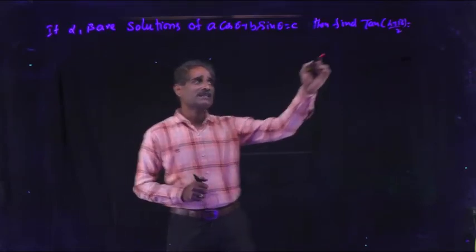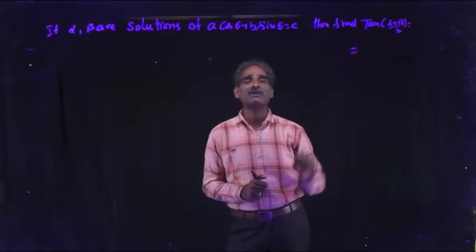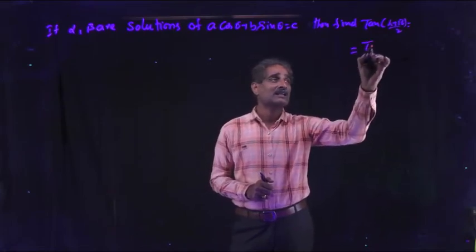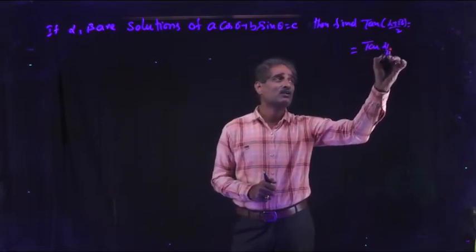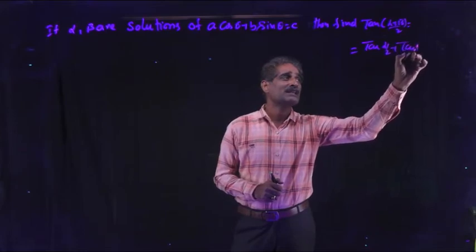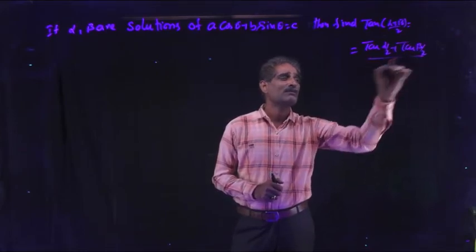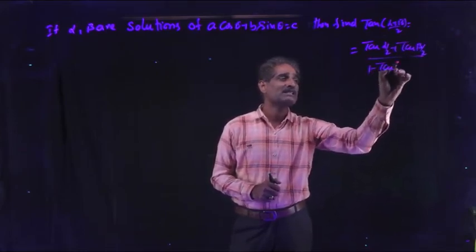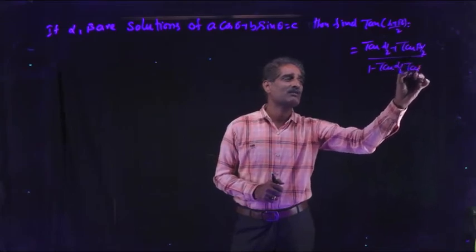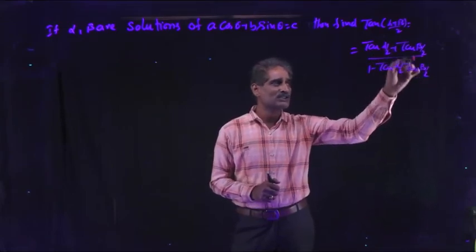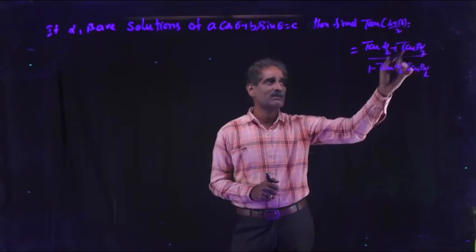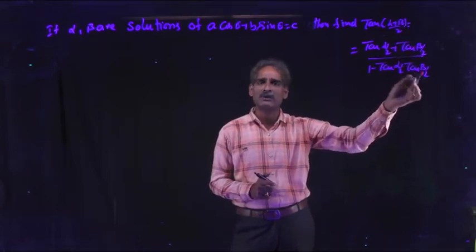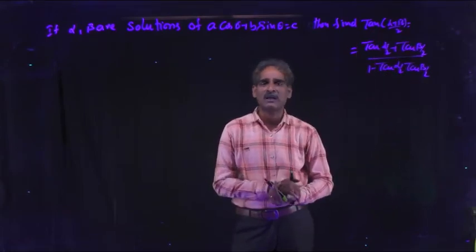So what is the expression for tan of (alpha plus beta) by 2? It is tan alpha by 2 plus tan beta by 2, divided by 1 minus tan alpha by 2 into tan beta by 2. If you know the sum and the product of tan alpha by 2 and tan beta by 2, we can find tan of (alpha plus beta) by 2.